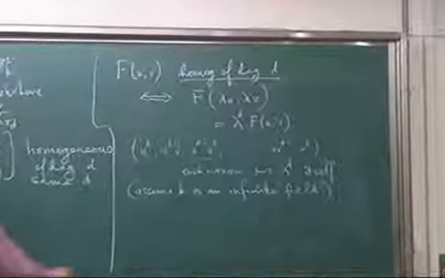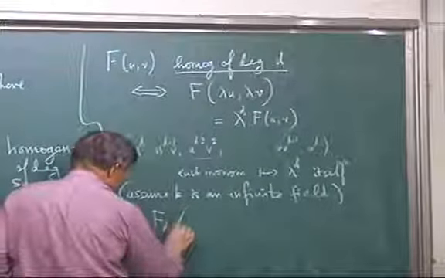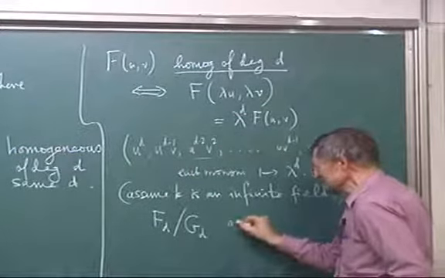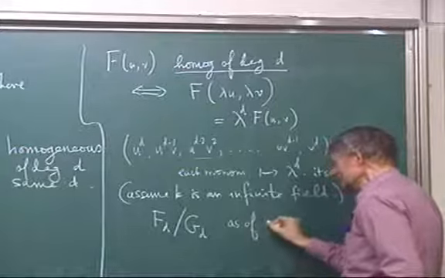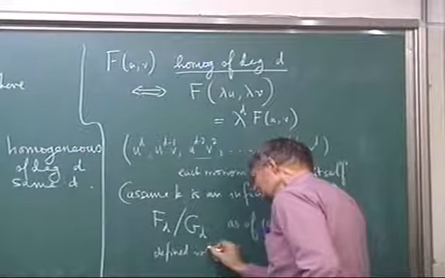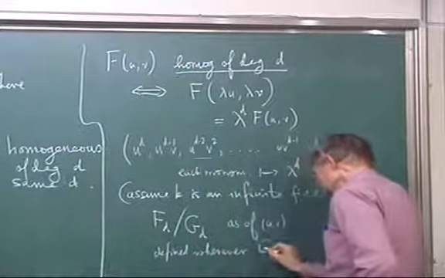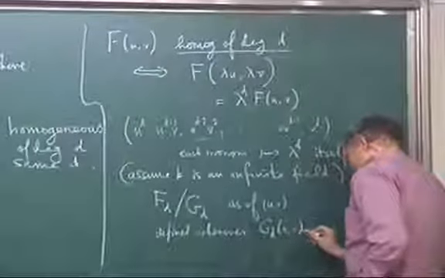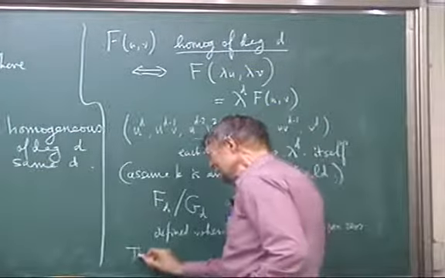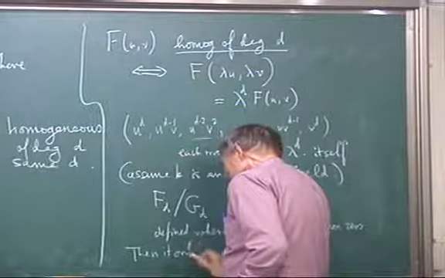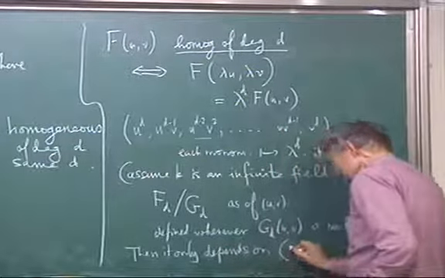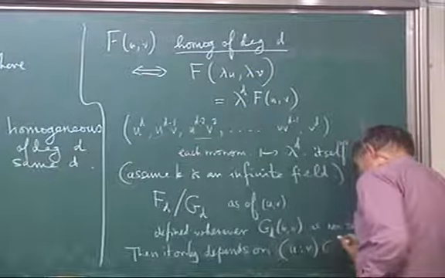Okay, so this means that if I take this fd divided by gd as a function of uv, defined wherever gd of uv is non-zero, then it only depends on the ratio u to v in P1.